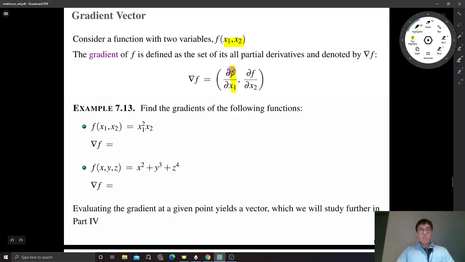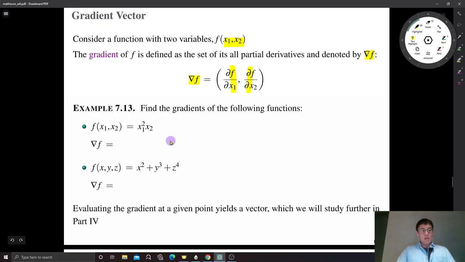That is one partial derivative we can derive from this function. And then the other partial derivative with respect to x2. And then the collection of these partial derivatives is called the gradient. Okay? And the gradient is denoted by this upside down triangle f. Okay? That is called the gradient of function f.